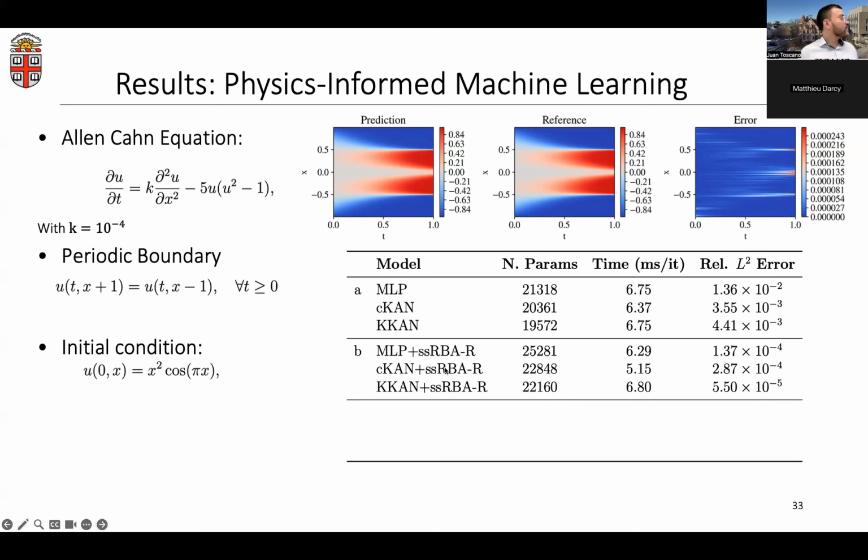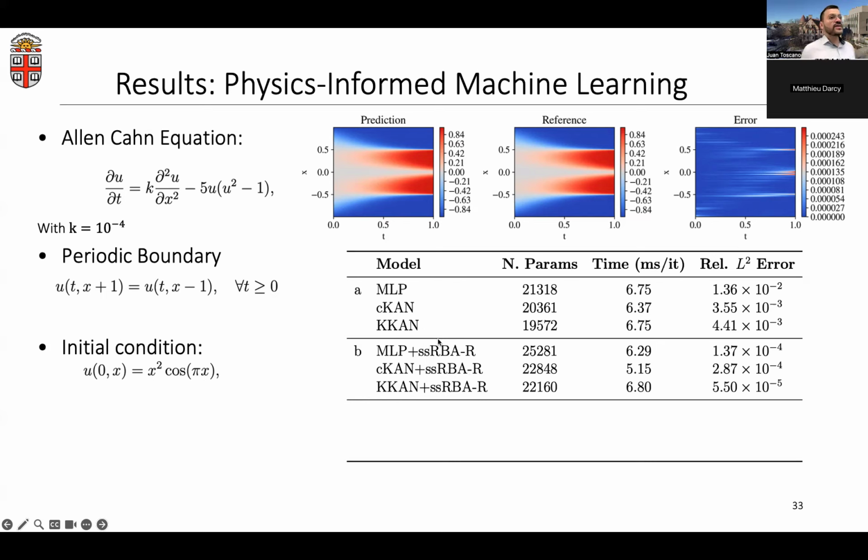One important disclaimer, also mentioned in the paper: for the MLP and for KCAN, we're using random Fourier feature embeddings, while for the sCAN we're using a modified MLP.